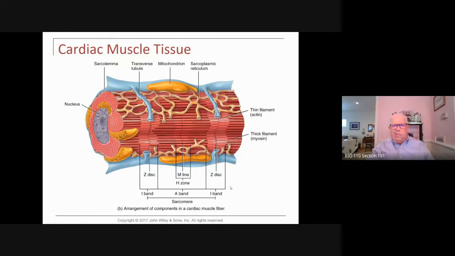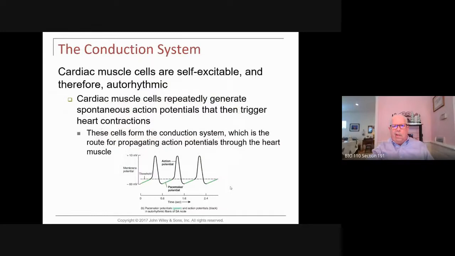That's enough already. Okay? But just to give you a taste of next week, we're going to talk about the conduction system of the heart. The heart muscle cells themselves are excitable. They have auto rhythm. They can beat without the brain.